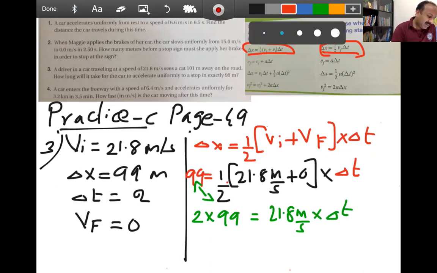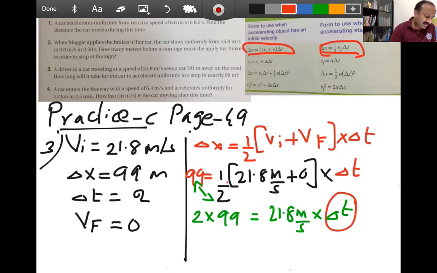So now you have to find out this term delta t. So delta t is going to be 2 times 99 divided by 21.8. So 2 times 99 divided by 21.8.